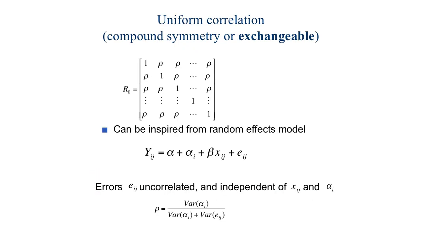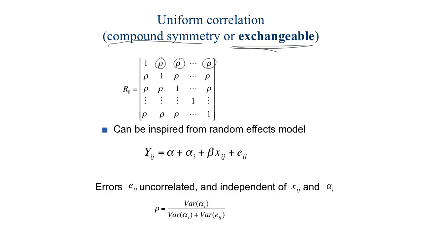This is the much more common one. This is always the most commonly used form because it allows for correlation, but it's simple. It assumes every observation has the same correlation between any 2 observations on the same person. It was called compound symmetry. It's more commonly referred to as exchangeable now, and that's what it's called in R. So this I can use on any data.